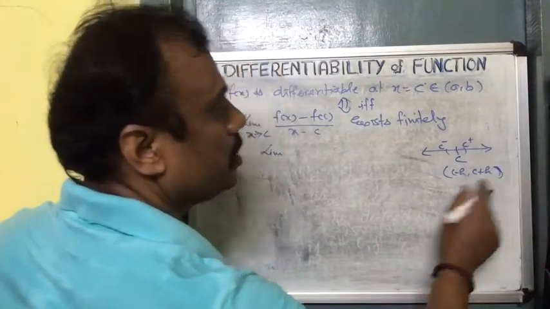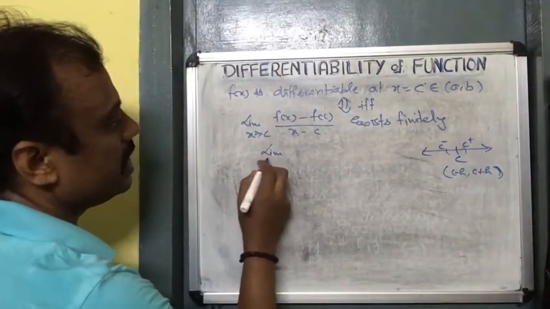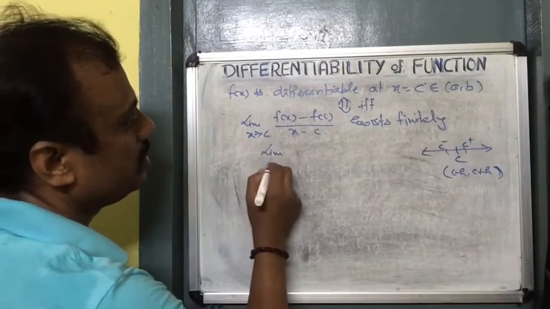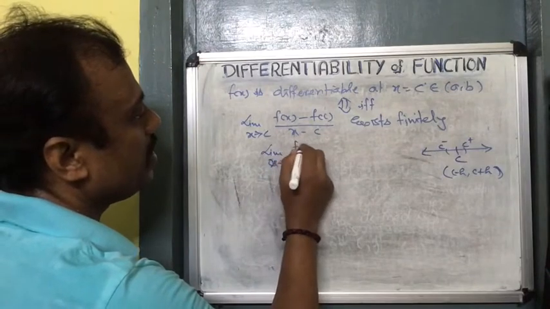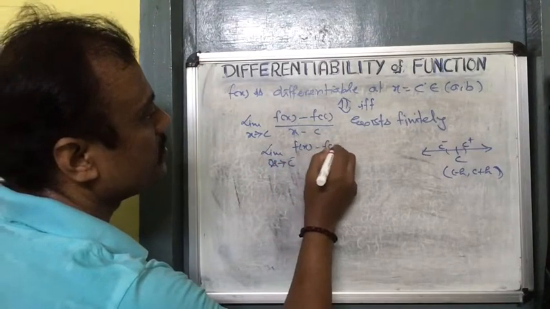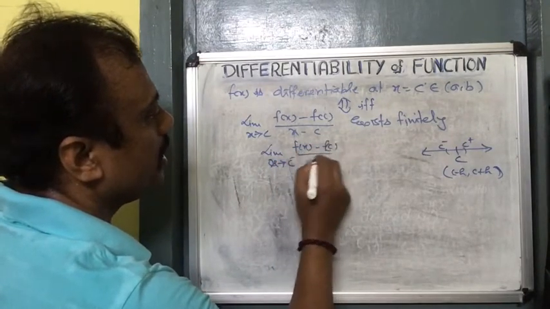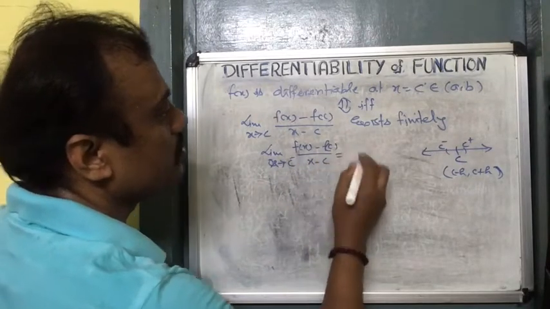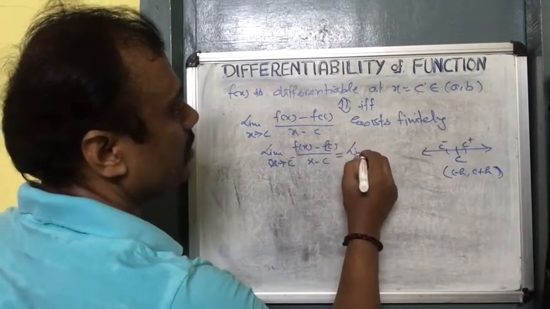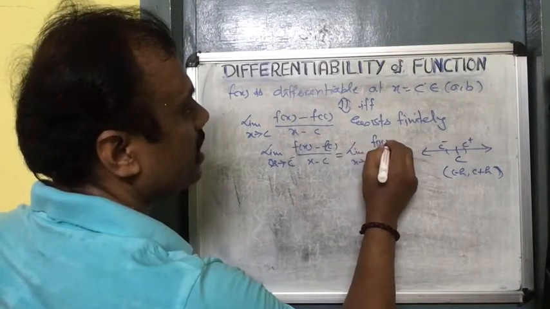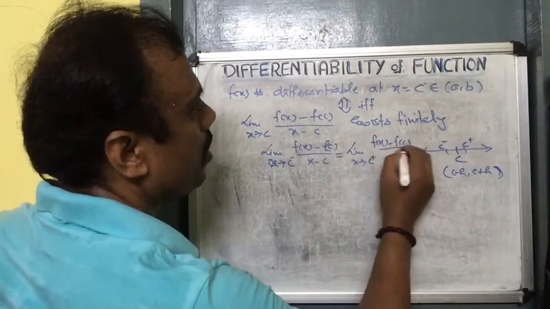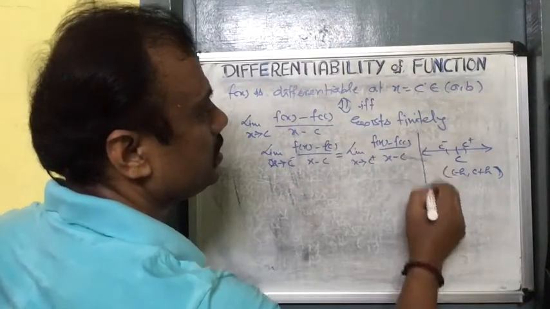In this neighborhood we will discuss. Let us write LHL, the left hand limit: x tends to c negative of (f(x) minus f(c)) upon (x minus c) equals, what is the RHL? The limit as x tends to c positive of (f(x) minus f(c)) upon (x minus c).